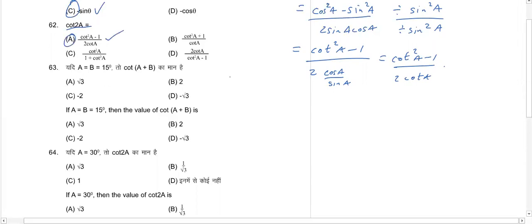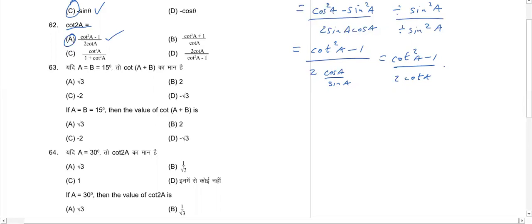B, number 63. To solve question 63, we have A is equal to B is equal to 15 degrees. Cot of A plus B, cot of 15 degrees plus 15 degrees, which is equal to, in other words, cot of 2 times 15 degrees.